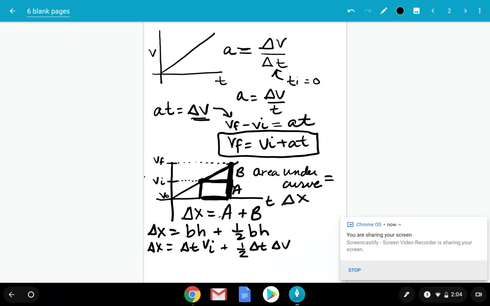Okay. Now, what I'm going to do is use this relationship right here. Actually, I have it in just the right format right there. And I'm going to put AT in for delta V. I'm just going to move stuff around here so it looks a little more like what I'm used to seeing. Now, why did I take out the delta?